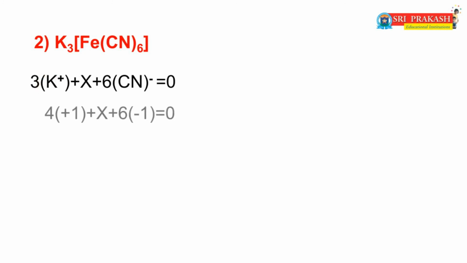The second example, K3[Fe(CN)6]. The name of K3[Fe(CN)6] is, yes, potassium ferricyanide. Already you all know that potassium oxidation state is +1, cyanide oxidation state is -1. So the oxidation state of iron in this complex is +3.